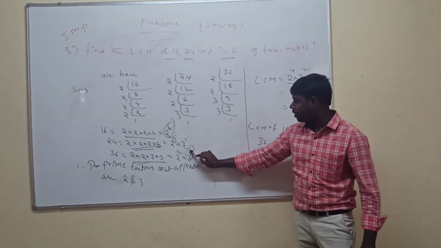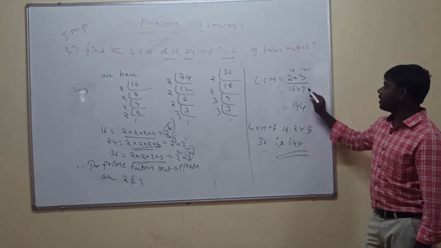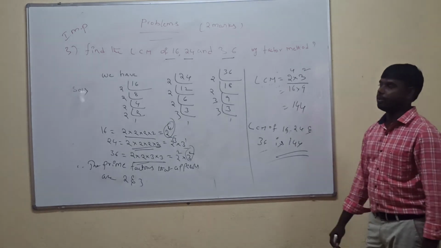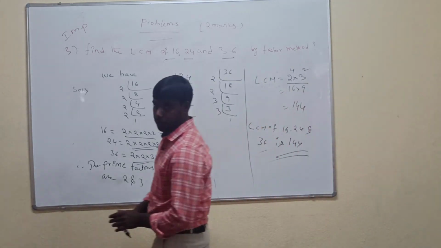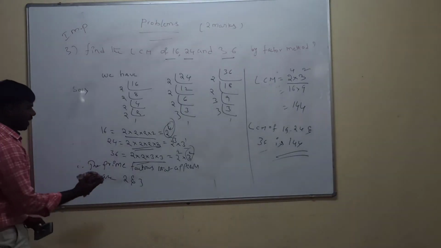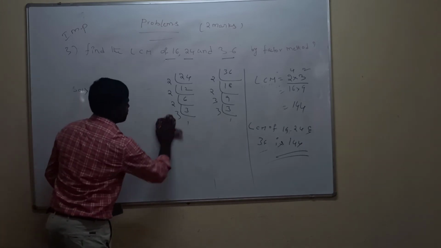The highest power of 3 is 3 squared. So 2 to the power of 4 is 16, and 3 squared is 9. 16 times 9 is 144. The LCM of 16, 24 and 36 is 144. Everyone understood? It is clear. Next question, the fourth one.